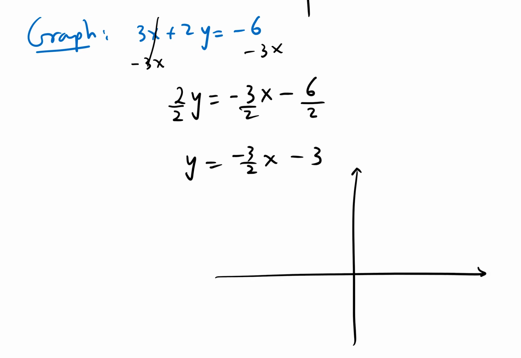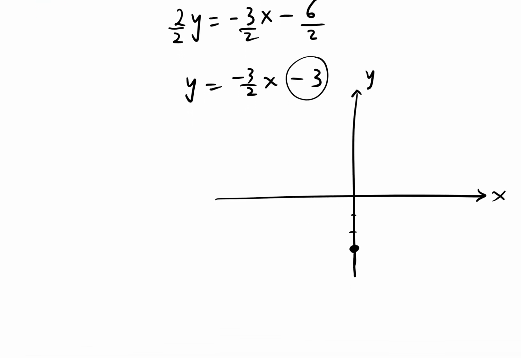Here we have the y-intercept negative 3, so we go down to negative 3. And now the slope is negative 3/2. Negative 3, you have to go down 3 steps. 1, 2, 3. So you become here. And then the run is positive 2, so you go 1, 2.